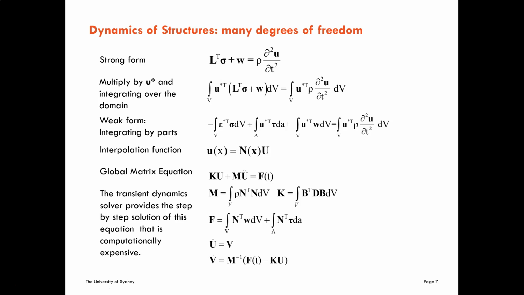So notice that in this case I need to calculate the stiffness matrix at any time, yes, at any time if the mesh is changing. We need to do some calculations in every time step. So this is the transient dynamic solver. So the step-by-step solution over all the degrees of freedom of the system. So this solution is computationally very, very expensive.